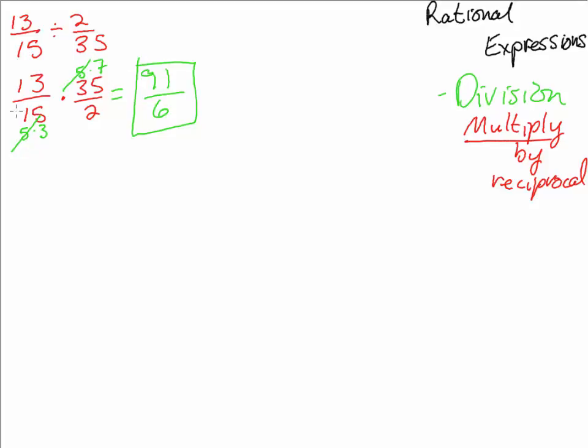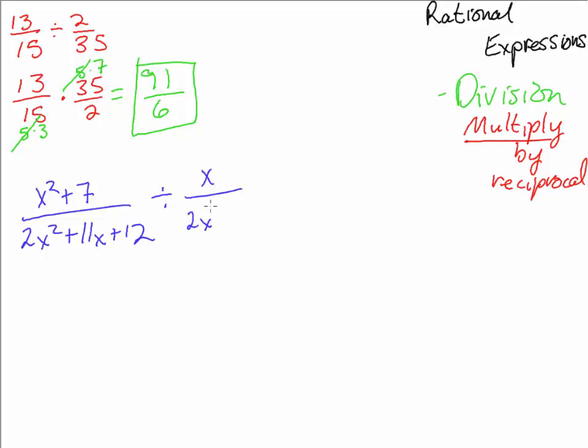Now let's do it with rational expressions with polynomials. x squared plus 7 over, I don't know, 2x squared plus 11x plus 12 divided by x over 2x squared plus x minus 3. Boy, that looks not too pleasant.